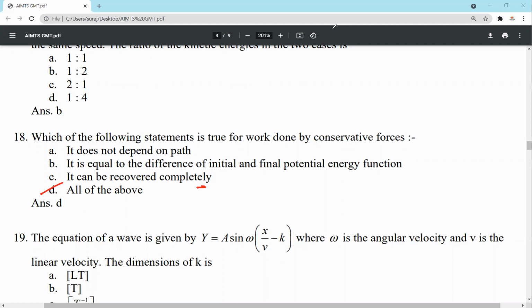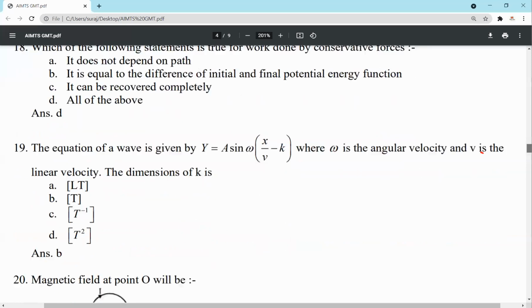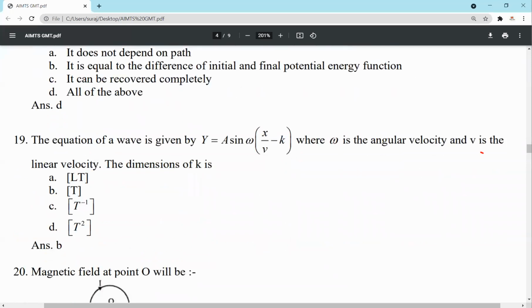Next, question number 19. The equation of a wave is given by y is equal to a sine omega (t minus x by v) minus k, where omega is angular velocity and v is the linear velocity. The dimension of k is? So I can write y is equal to a sine omega x by v minus omega k.